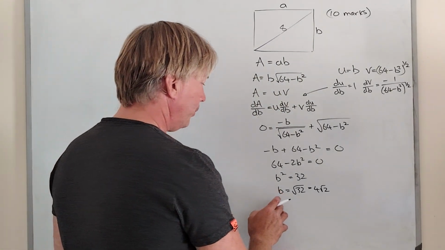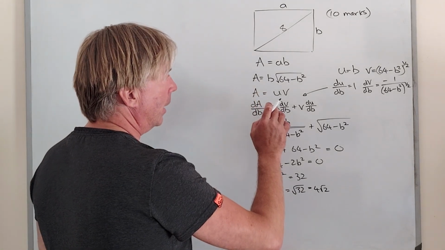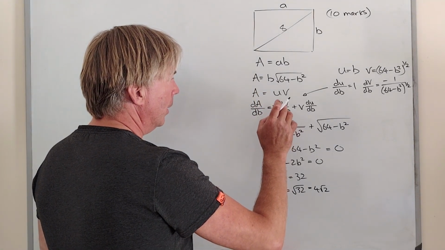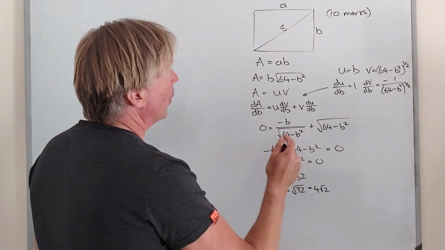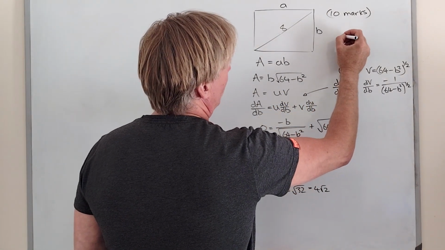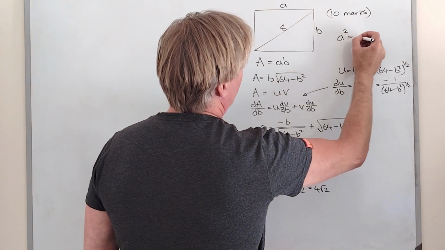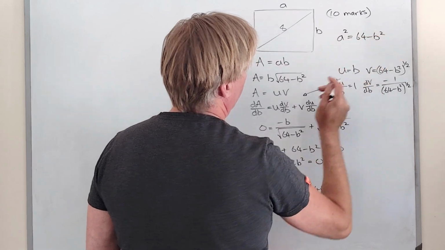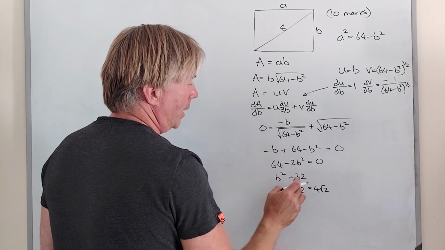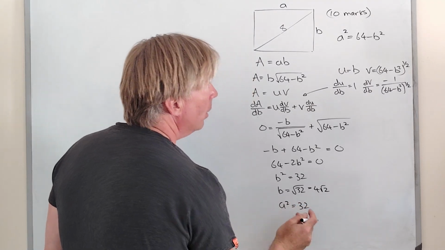Now, if we sub this back into our relationship connecting A and B, so let's go back up and remind ourselves, A squared is equal to 64 minus B squared. If I plug B squared into here, which is 32, I know A squared is equal to 32 as well.